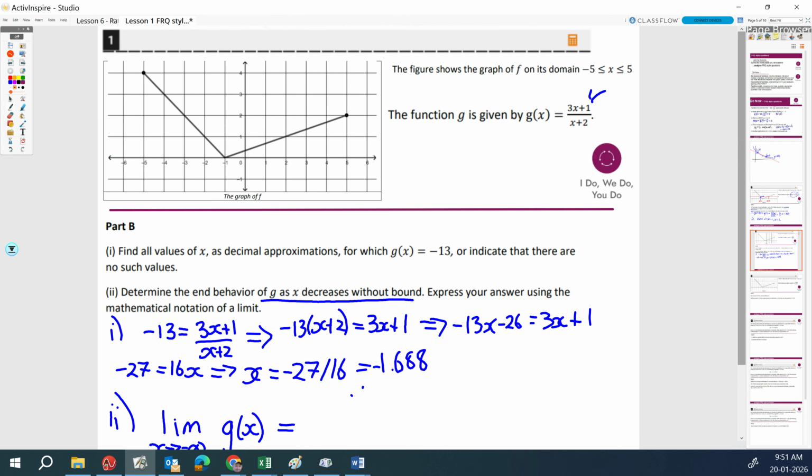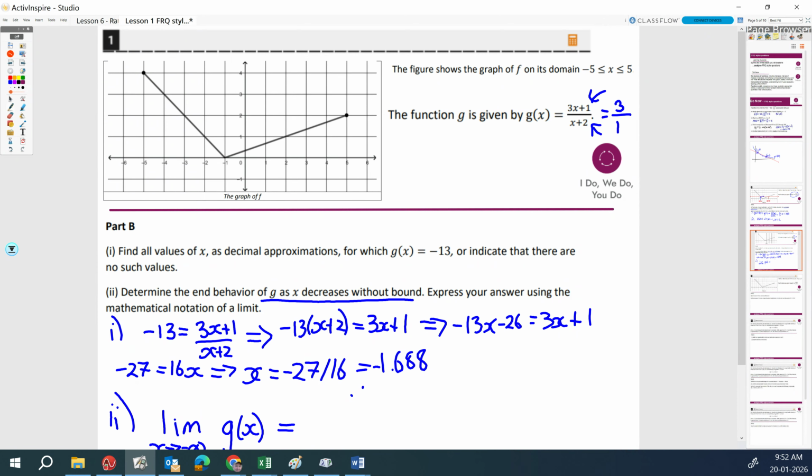If the degree of the polynomial in the numerator is the same as the degree of the polynomial in the denominator, then the end behavior is the ratio of the two lead coefficients. Sorry, this is a 1, so it's going to be 3 over 1.